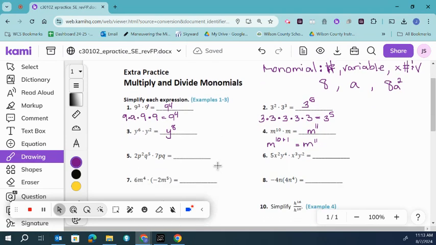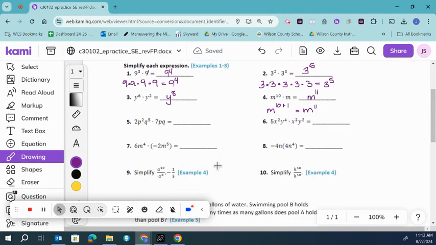Now, if we take a look at 5 and 6, there are lots more things happening here, but we can separate all this out. In 5 and 6, we have a lot more happening, but we can break apart these and group them by common variables or coefficients.